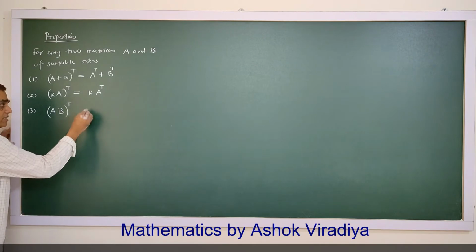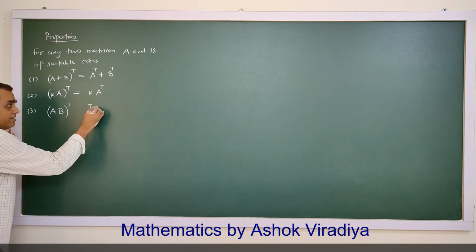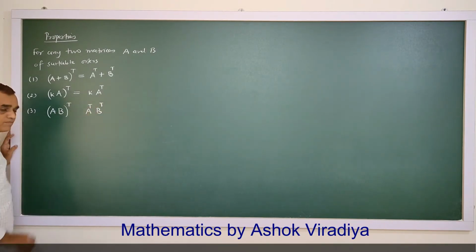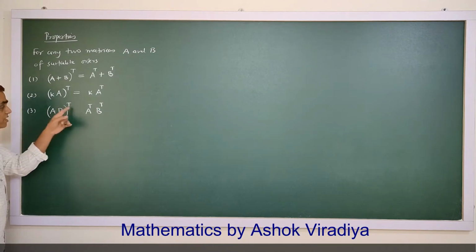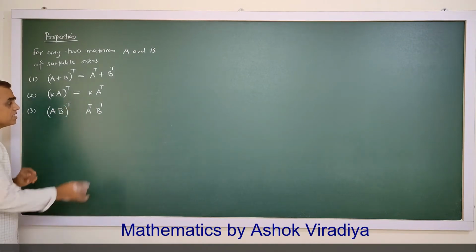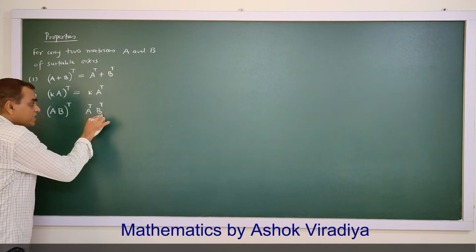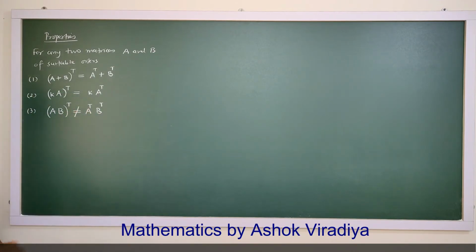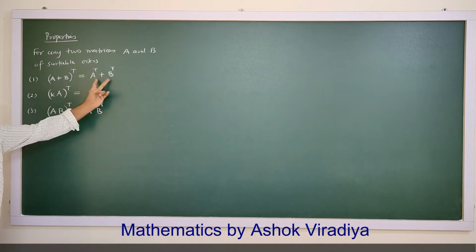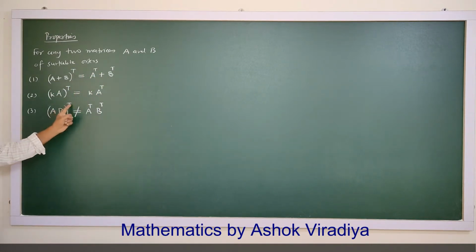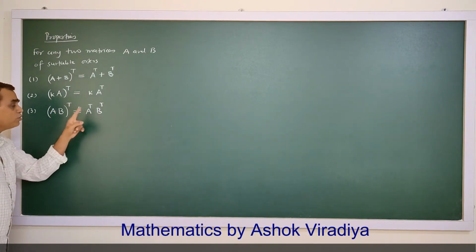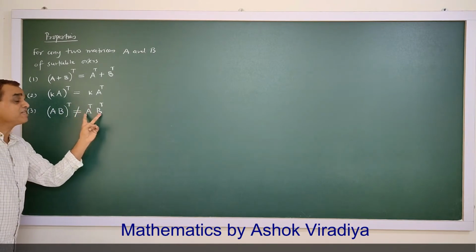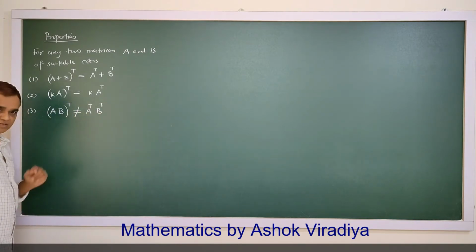On the other side, take their individual transposes. Transpose of AB, and here A transpose into B transpose, this is not equal. As the transpose of a sum is equal to the sum of their individual transposes, similarly, the transpose of a product is not equal to the product of their individual transposes in the same order.